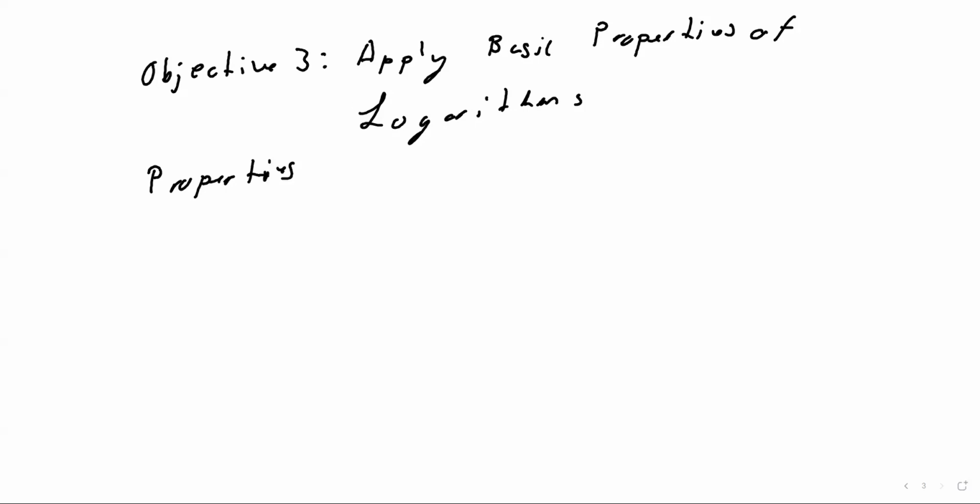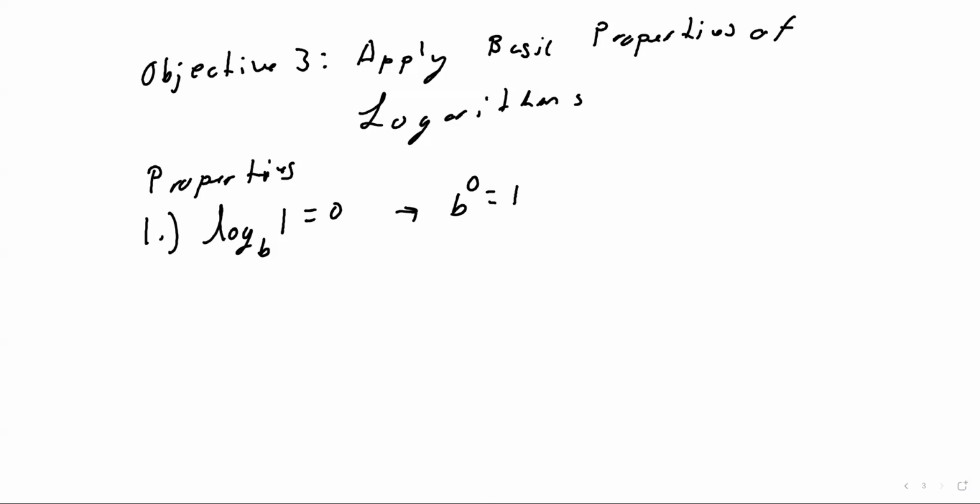Logarithmic properties. The first one you need to know is if you have log base b of 1, it will equal 0. The reason, because b to the 0 is going to equal what? 1.